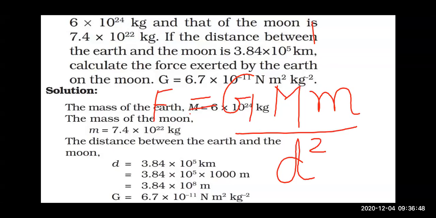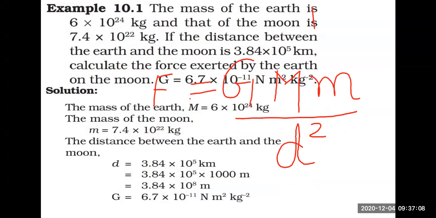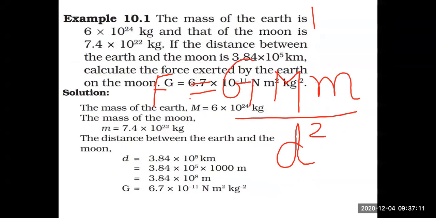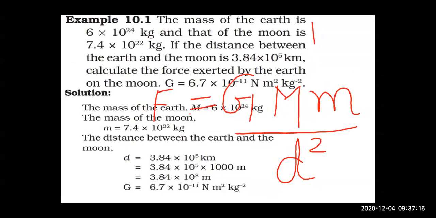So we all know this formula. F equals capital G, M, that is mass of body 1, small m, mass of body 2, upon d square, that is the distance between the two bodies, right?